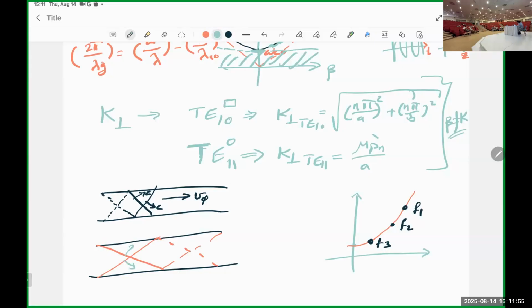If you decrease more, closer to this point, which is the cutoff, you will end up with waves just bouncing between the walls. This is the evanescent mode or cutoff mode. The distance between the maxima or the minima is lambda guide.